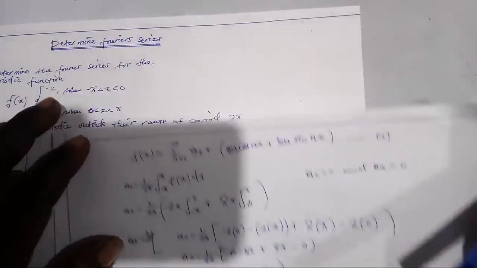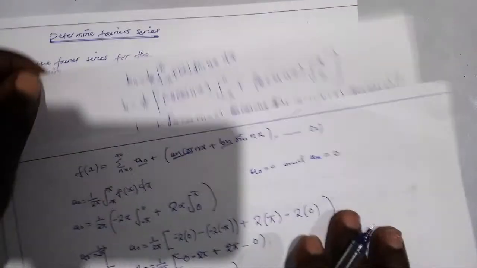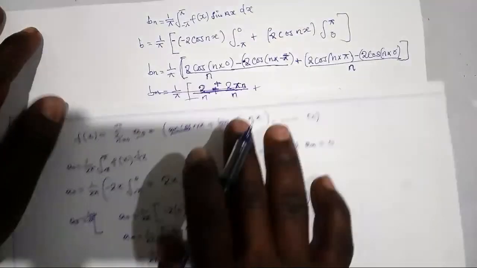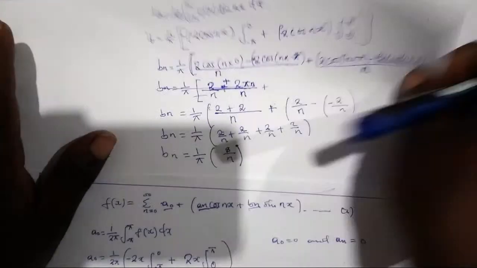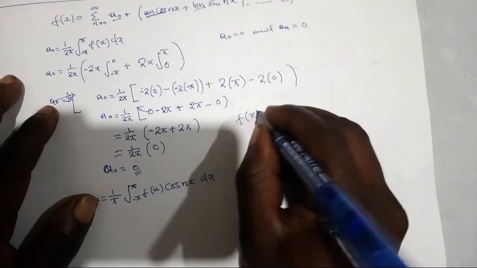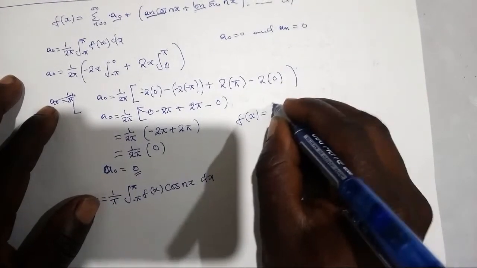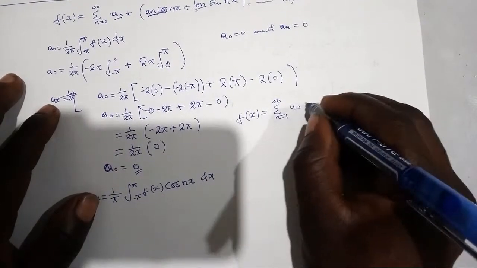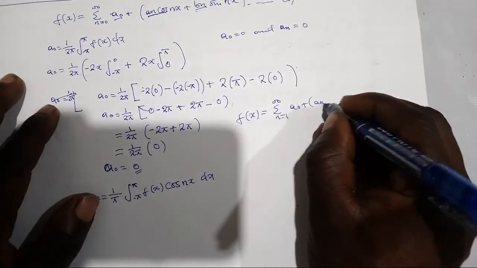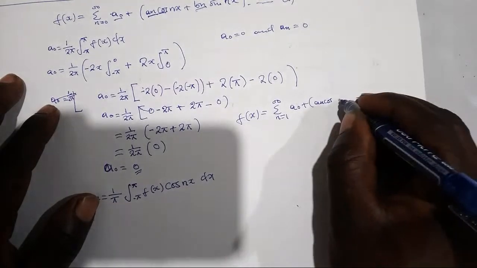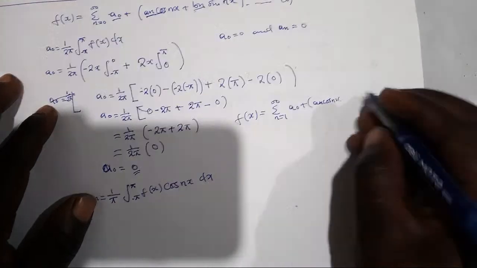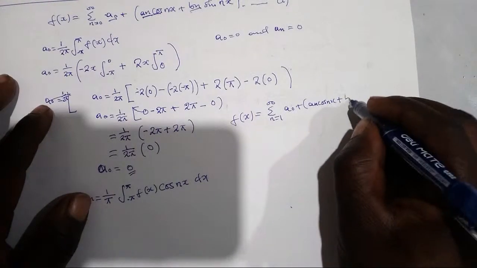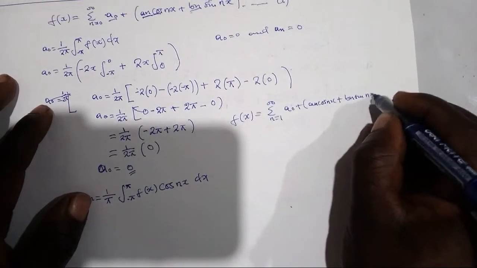We are going to follow this formula, which is f of x equals summation to infinity as n approaches 1, a sub 0 plus open bracket a n cos nx, then plus bn sin nx, okay?